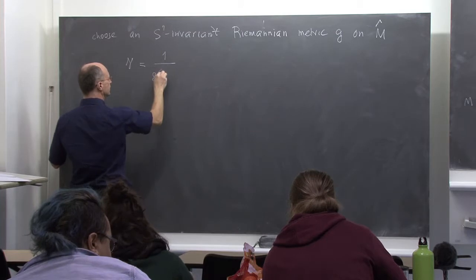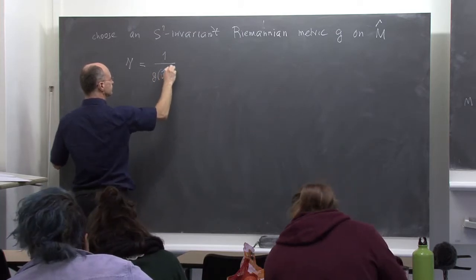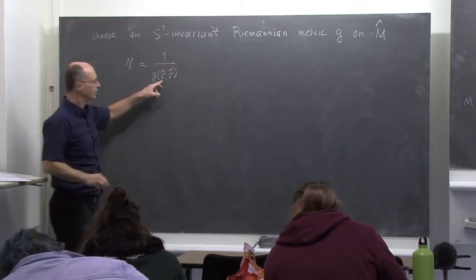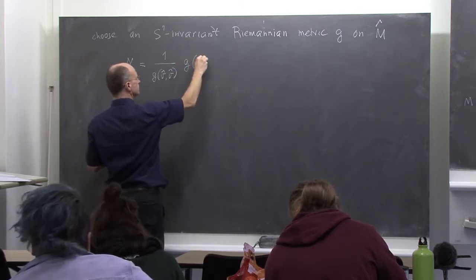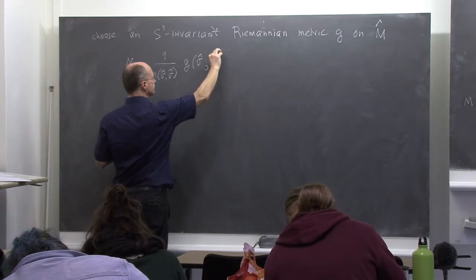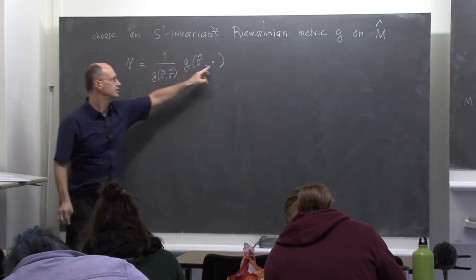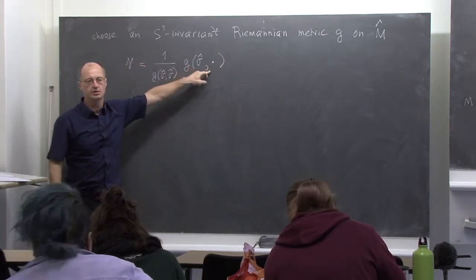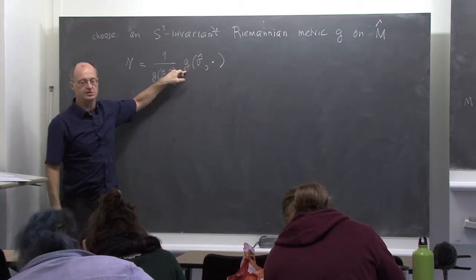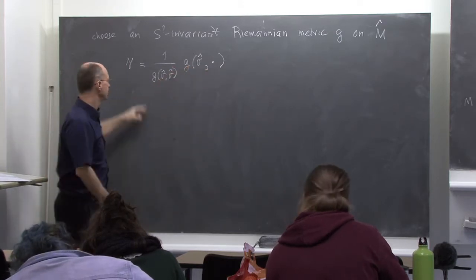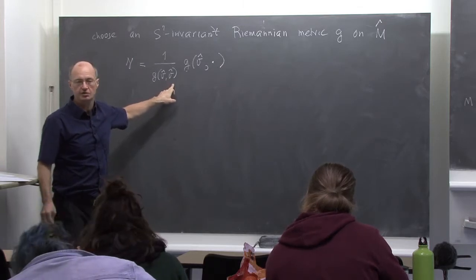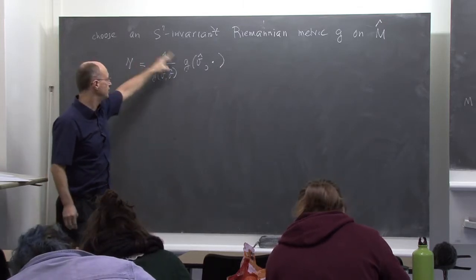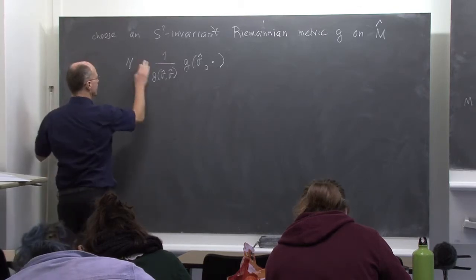So we take the length of the vector v hat at a given point, and then consider pairing of a vector with this vector v hat. So this is well defined because v hat is a nowhere vanishing vector field on M hat, right? Otherwise this would not have worked.